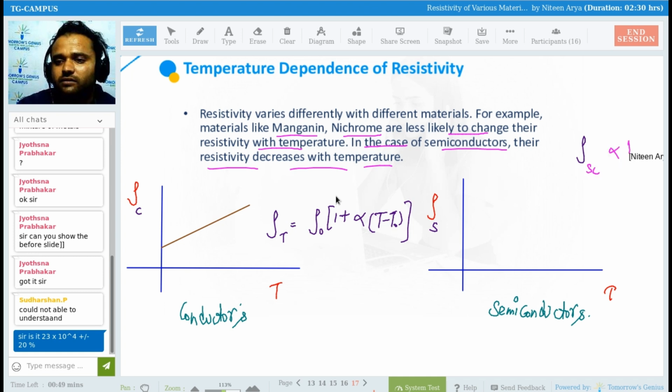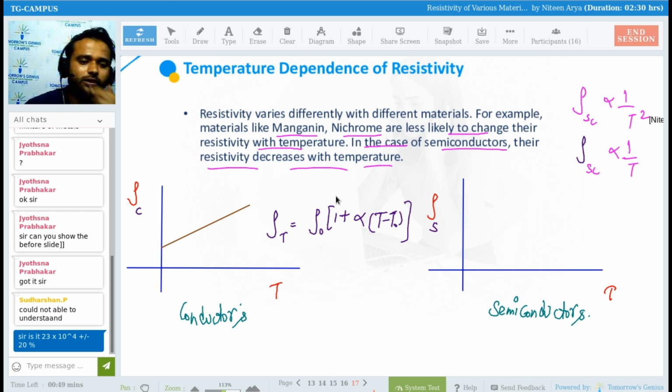Or this way, or 1 by T square? In which way? The sentences you write are correct, in a correct formula, but in which way?